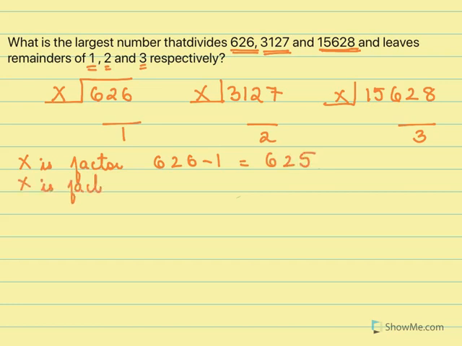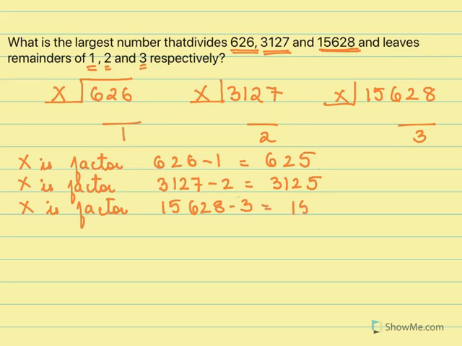x is a factor of 3127 minus 2, which is 3125, and x is a factor of 15628 minus 3, which is 15625.